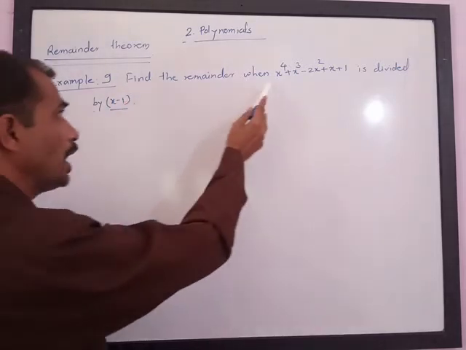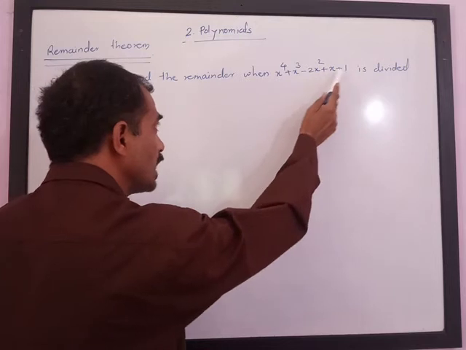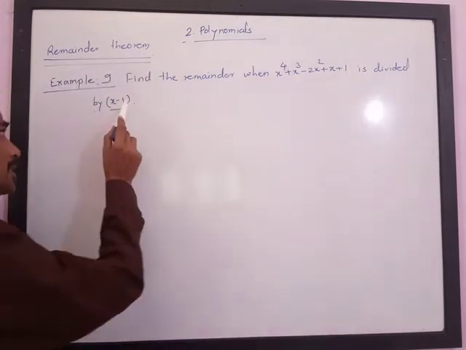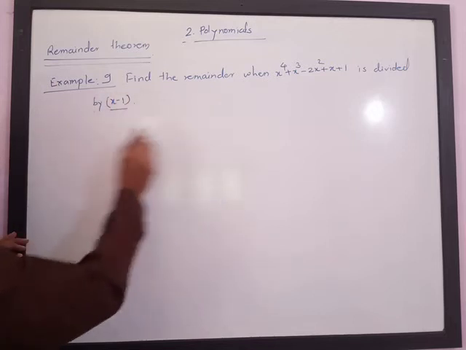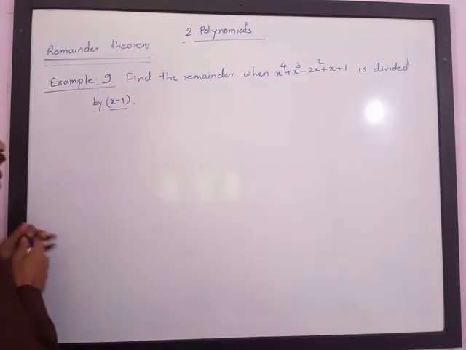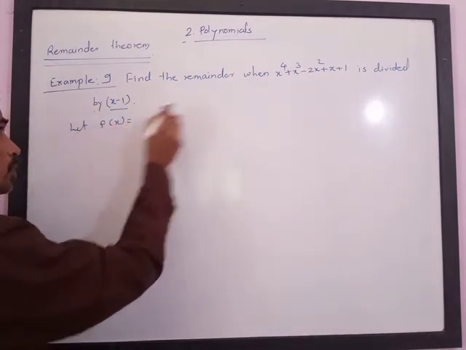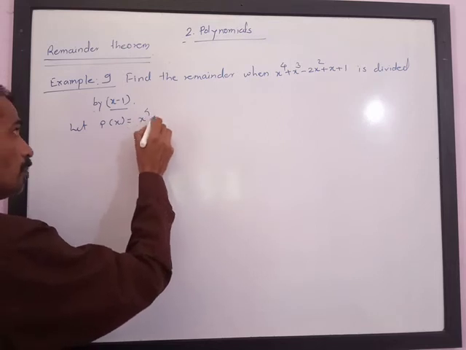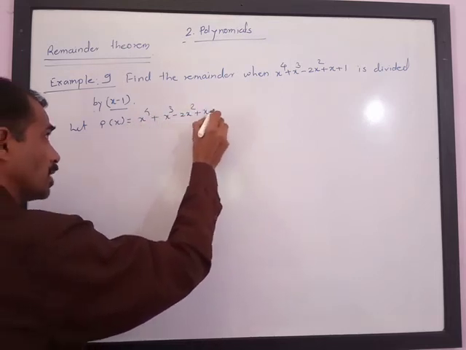Find the remainder when x raised to 4 plus x cube minus 2x square plus x plus 1 is divided by x minus 1. So this is the dividend, and this is the divisor. It means this is p of x. Let p of x is equal to x raised to 4 plus x cube minus 2x square plus x plus 1.